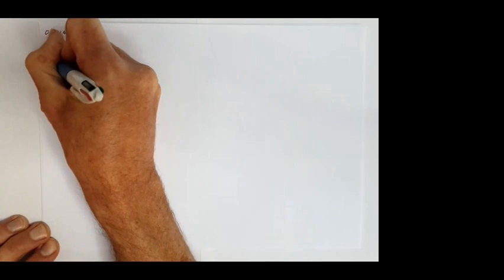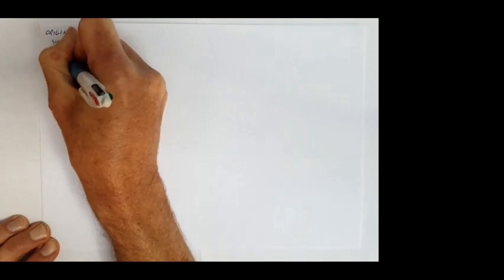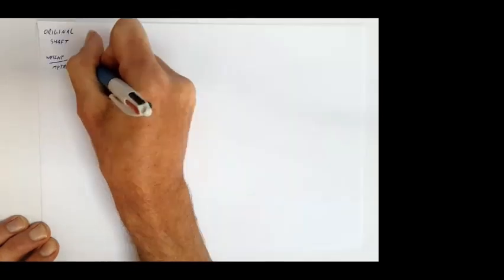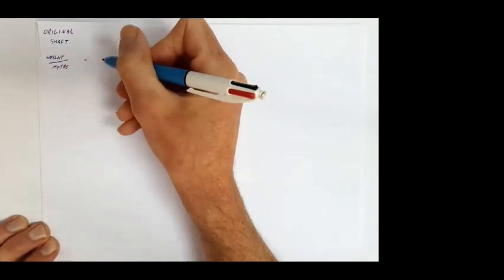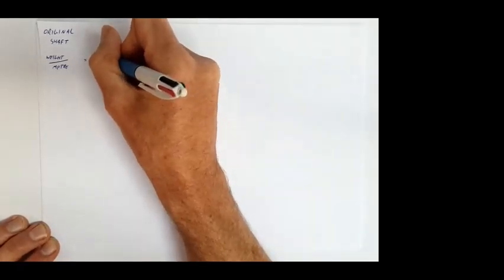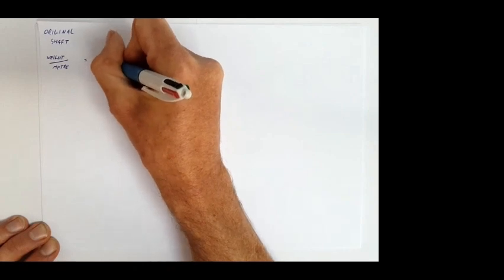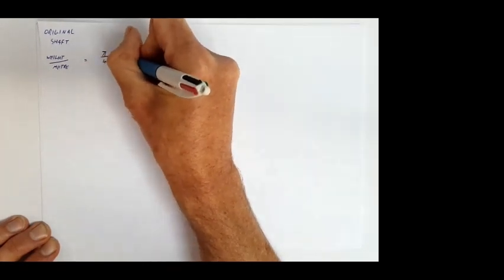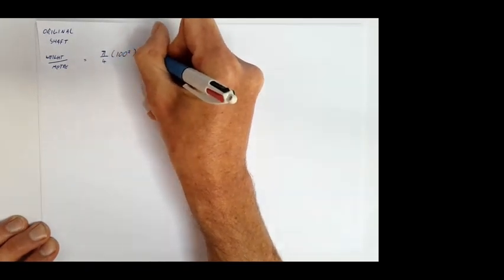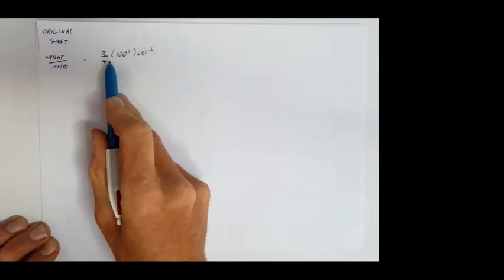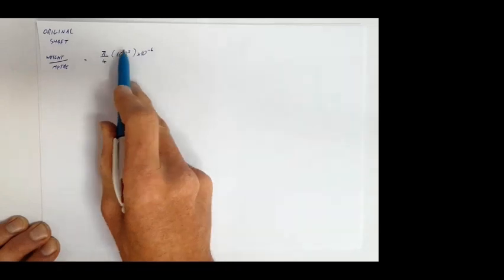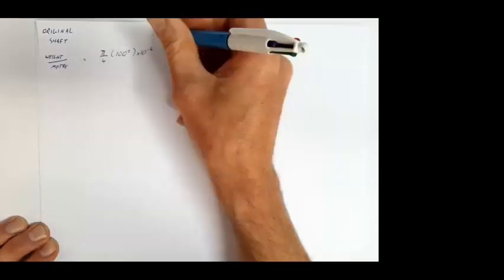Now the weight per meter equals pi r squared, or pi d squared divided by 4. So that's going to be pi over 4 times the diameter 100 squared times 10 to the minus 6. So that's the area of the shaft, pi r squared or pi d squared over 4, per meter.